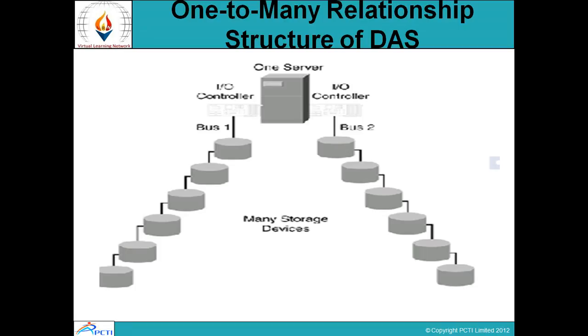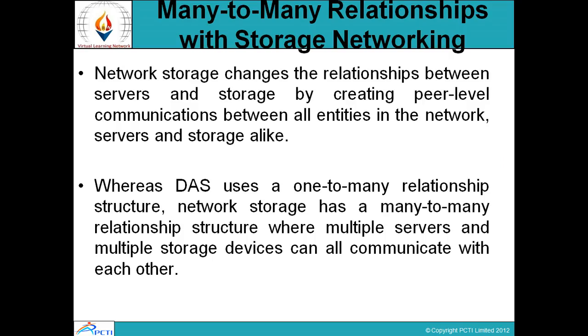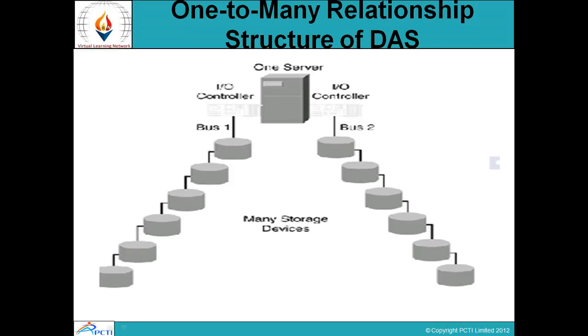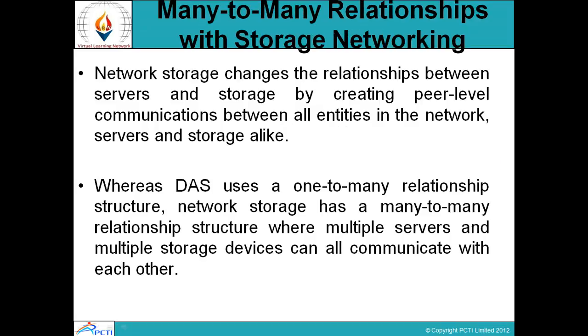Next we go to the many-to-many relationship. Previously we studied one-to-many, because there was one server through which we were sending to many bus topologies. Now we have the many-to-many relationship with storage networking. Here the data is the most important asset. Data is very necessary for you if you are working over the network.